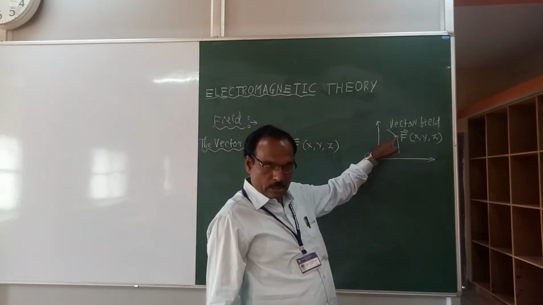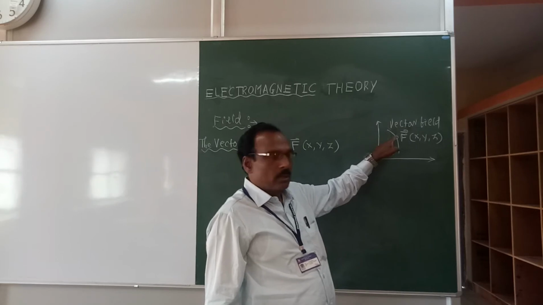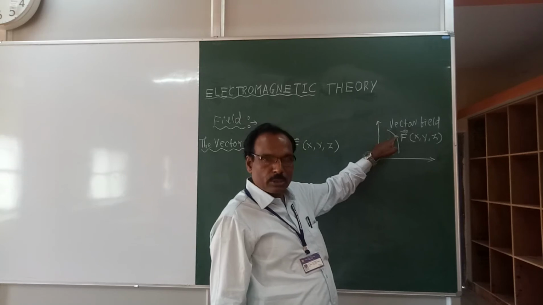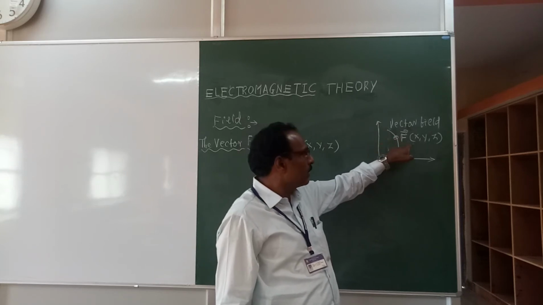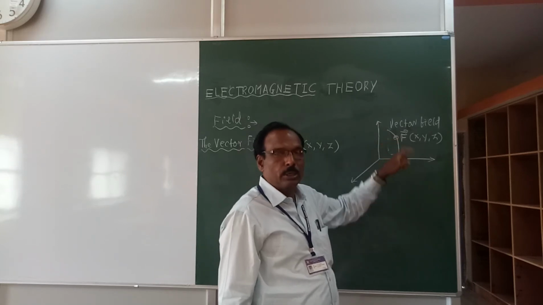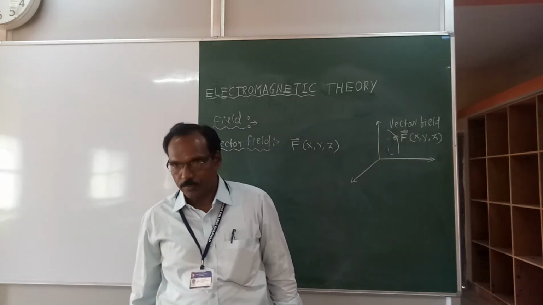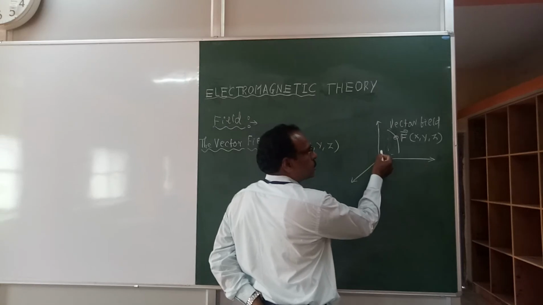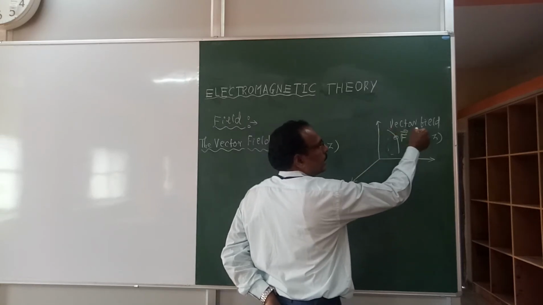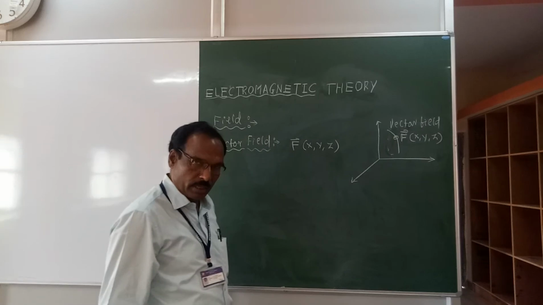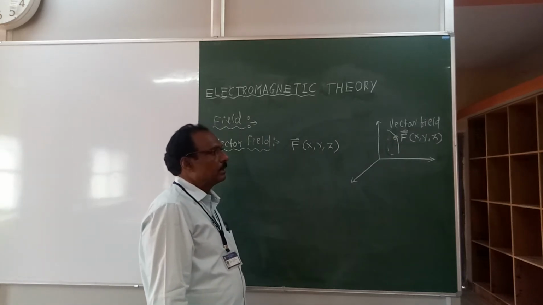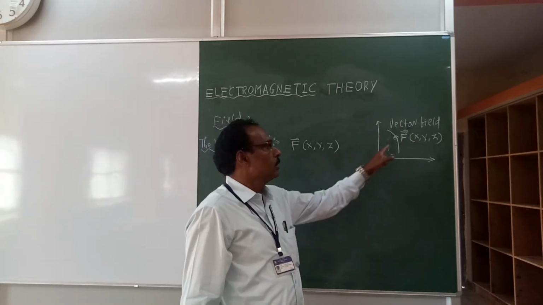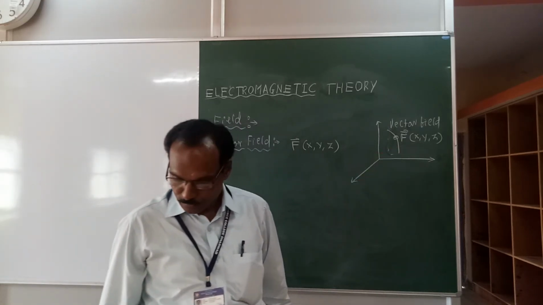So at this point it represents both magnitude and direction. This vector function has both magnitude and direction. This magnitude and direction varies from point to point in a vector field, because the vector field is represented by a continuous vector function.